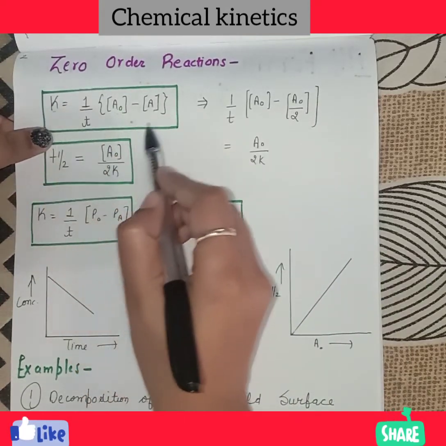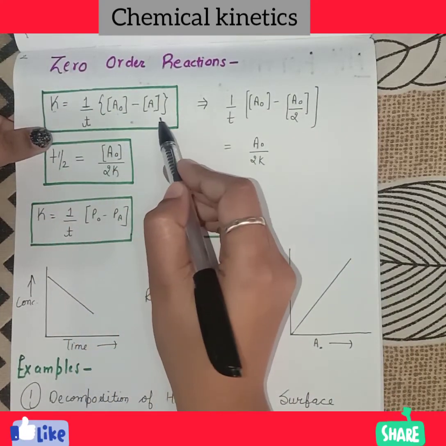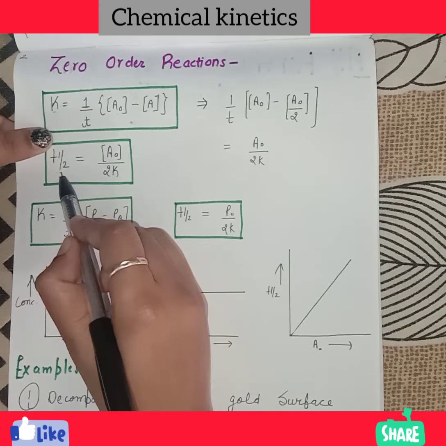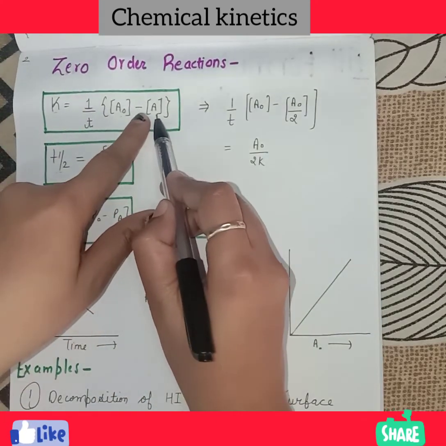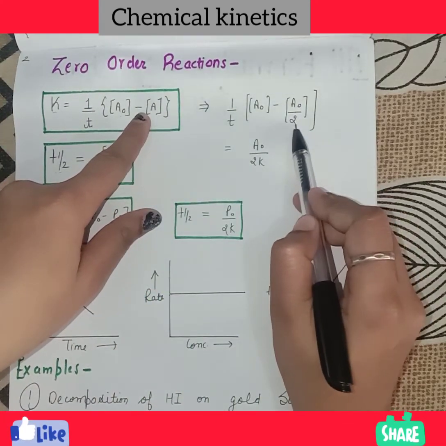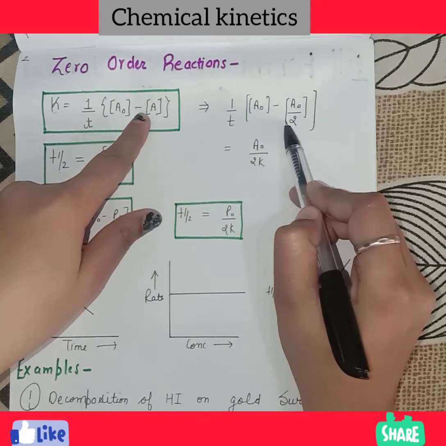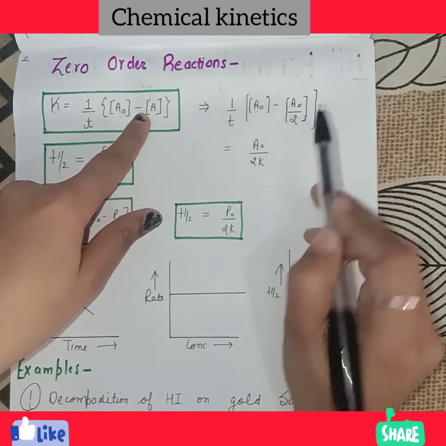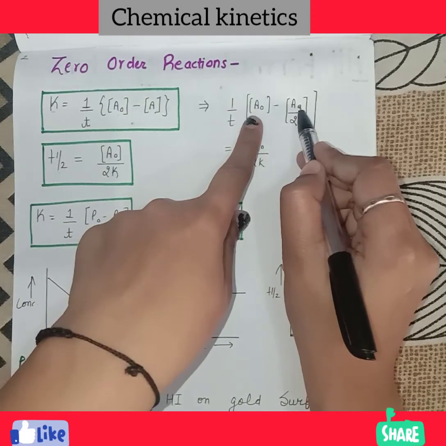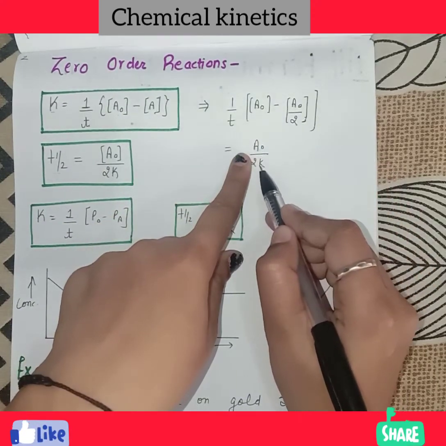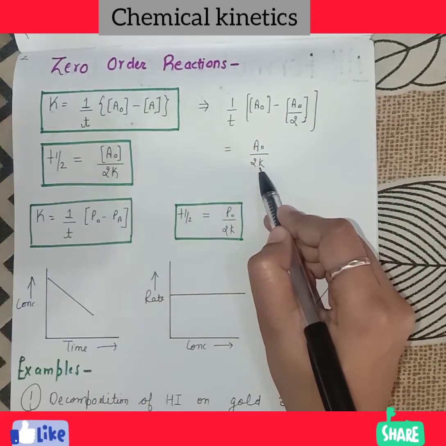After learning this one formula, you can calculate half-life period, then put value of a equal to a naught by 2, because after the half time its concentration is half. So after calculating we get a naught upon 2k.